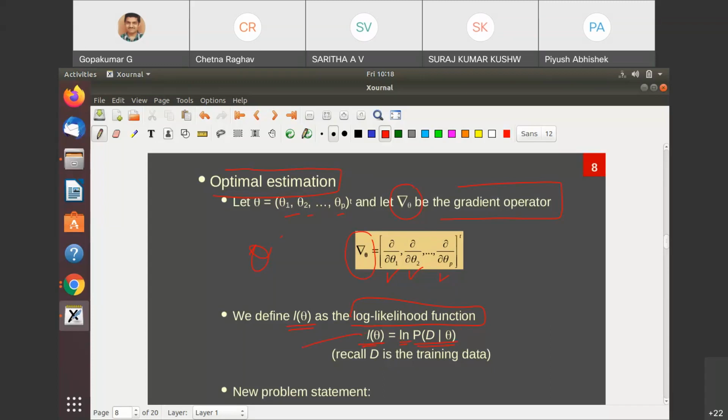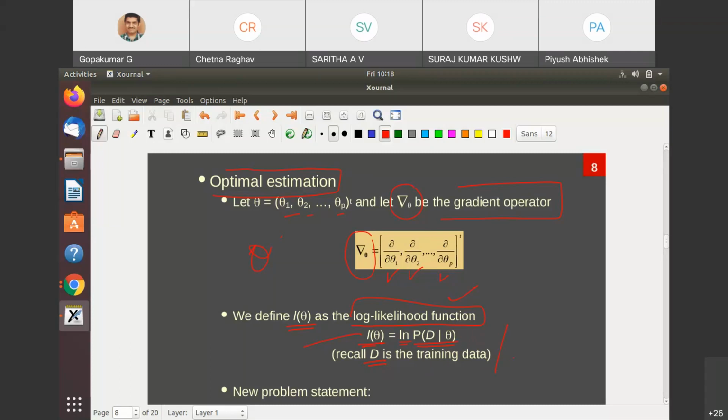We know that D is the training data set, maybe with respect to one category, or whatever data we are considering for finding the best theta. That is the concept of log likelihood: we are just taking the logarithm of the likelihood function, that's all.